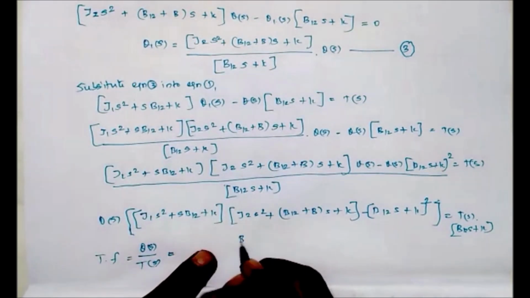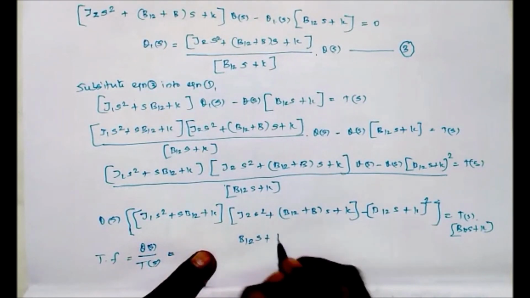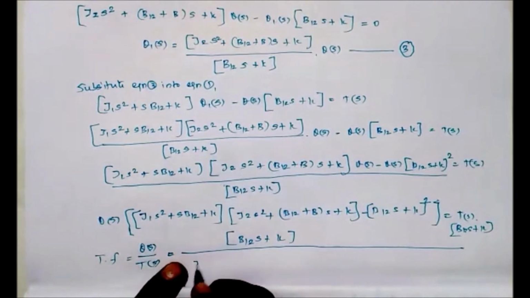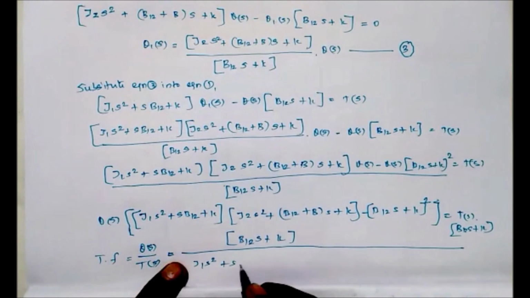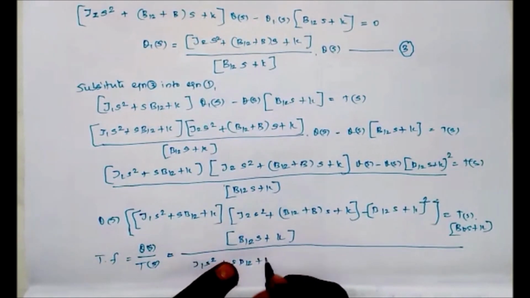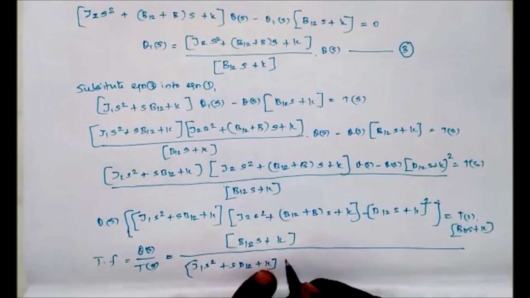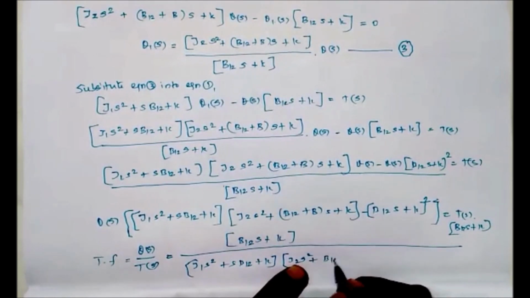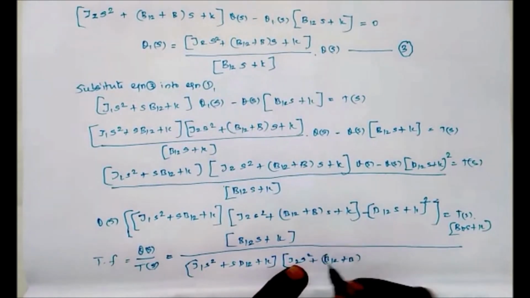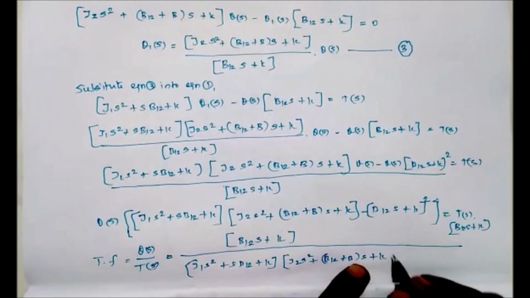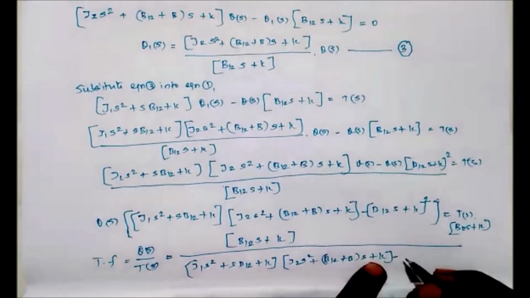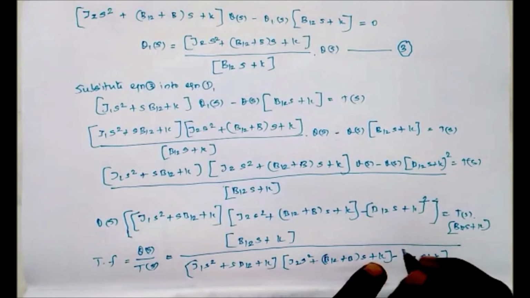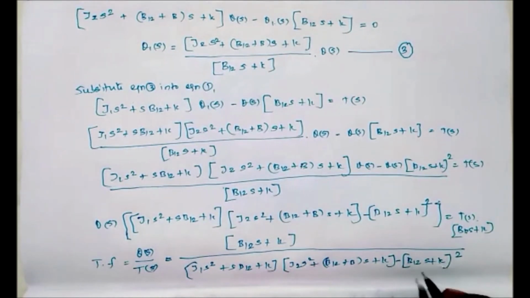Therefore here b12 s plus k divided by J1 s square plus s b12 plus k into J2 s square plus b12 plus b into s plus k. This is our required transfer function.